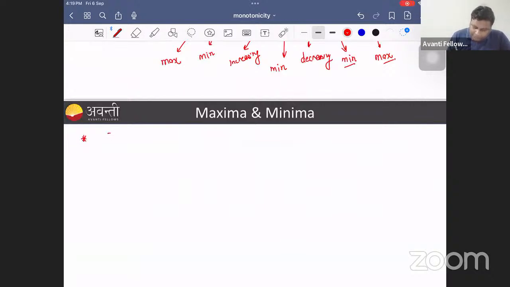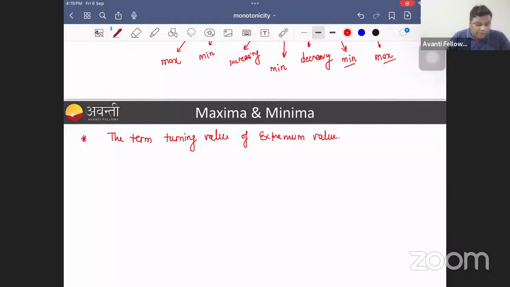Write down the term turning value or extremum value. Extremum value.